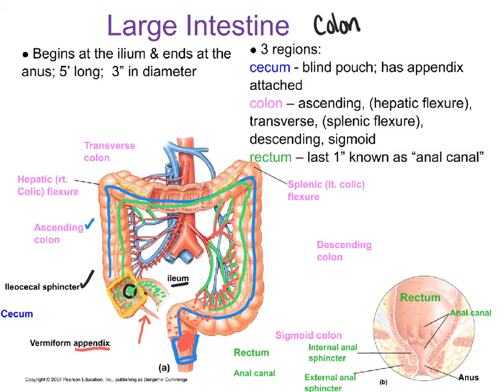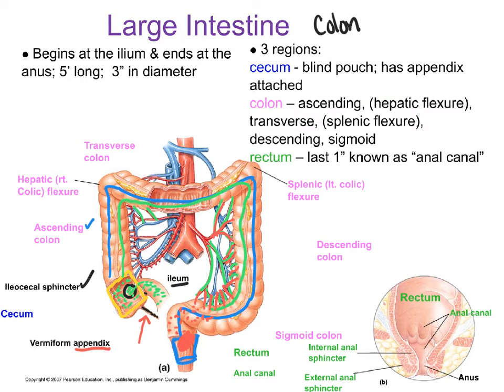And lastly, I want to draw your attention to this thing right here. That's called the appendix. And the appendix is, as you probably know, a structure that we don't have to live. We can live without it. And inside of that appendix, it's not solid. It's got a little space on the inside. Inside of that appendix will be bacteria that we can carry around with us, so to speak, wherever we go.